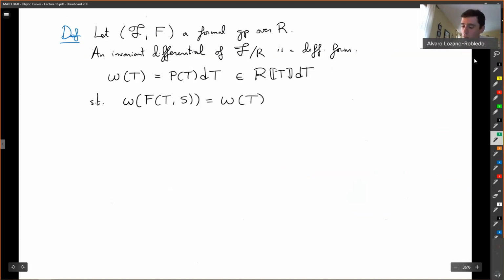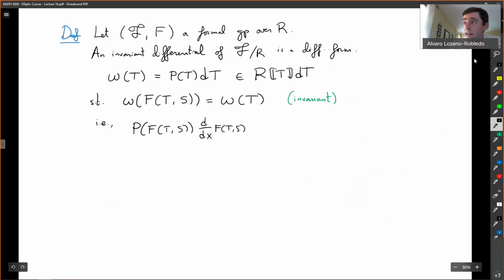So this is what it means to be invariant. Which actually, in terms of the power series, means that P(F(t,s)) times d/dt of F(t,s) has to be the same as P(t).